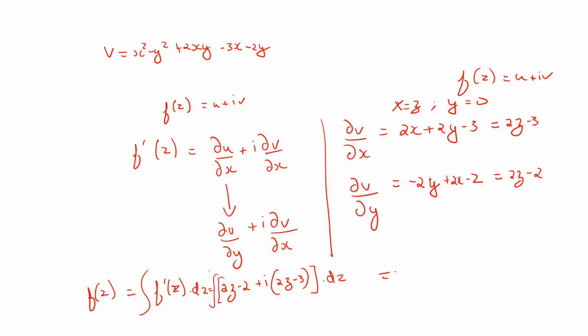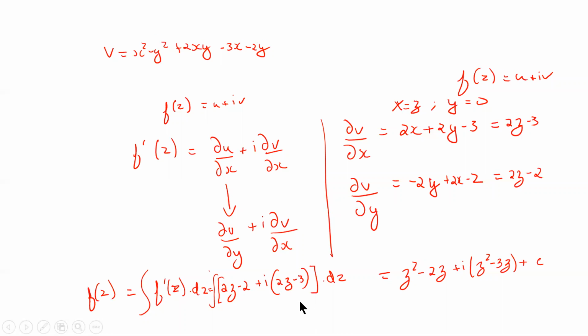What you will get here is z square minus 2z plus i times z square minus 3z, and the integration constant.